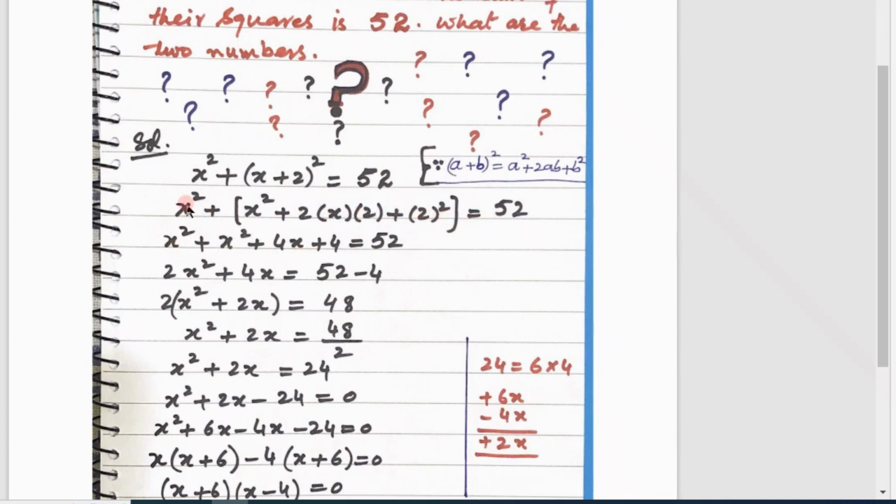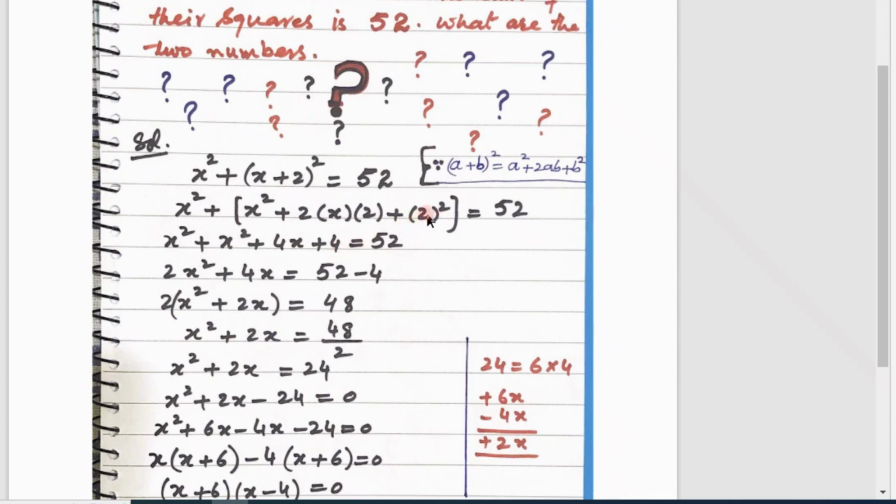Third step: x square as it is, open the brackets and solve these three figures. x square will come as it is, plus 2 2s are 4, x will come down, plus 2 square.